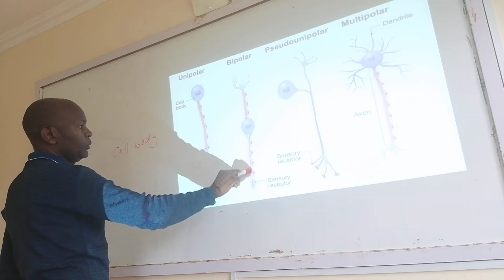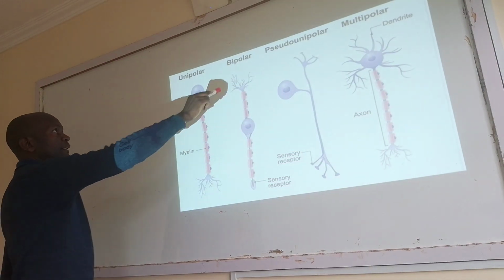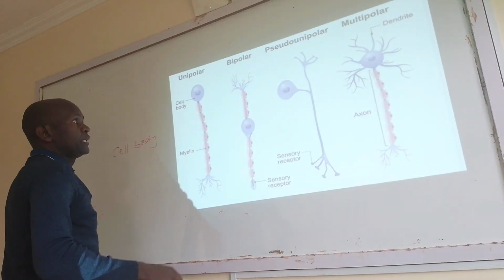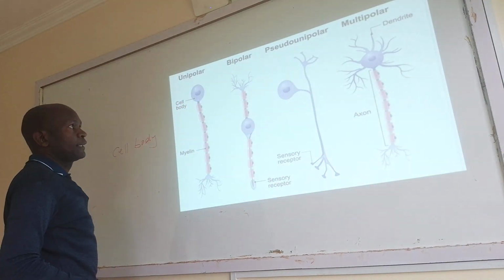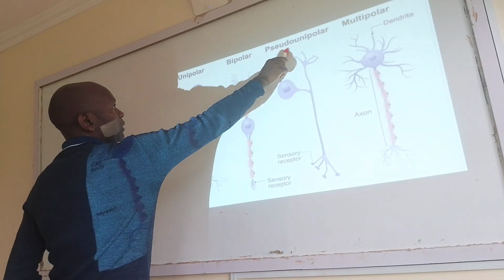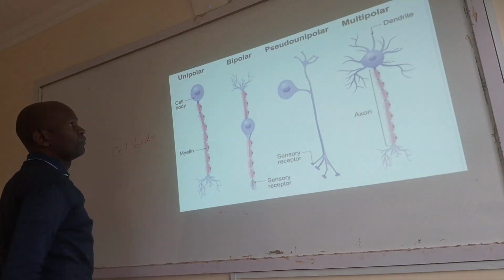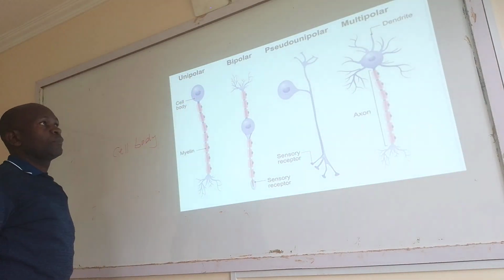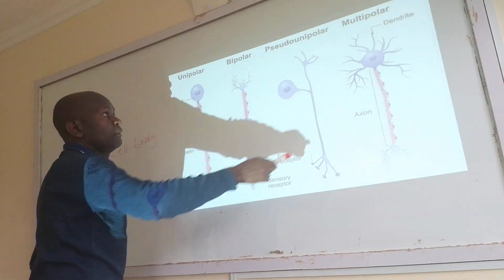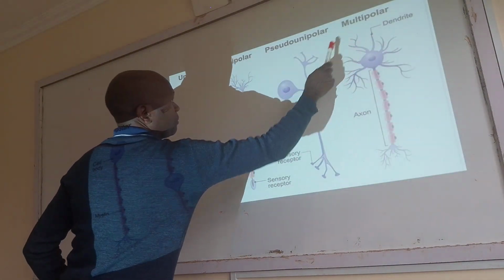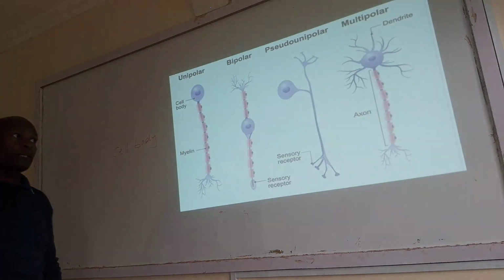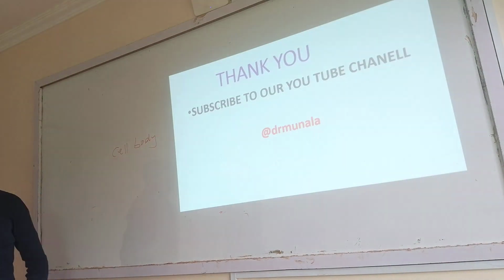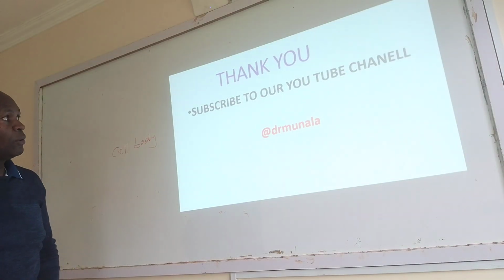If there are two projections leaving the cell body, we call it bipolar. But at this point here, it is pseudo-unipolar, because apart from one projection leaving the cell body, there is another pseudo projection here. Then when it comes to this, the cell body has several projections, the dendrites, and that one becomes a multipolar cell.